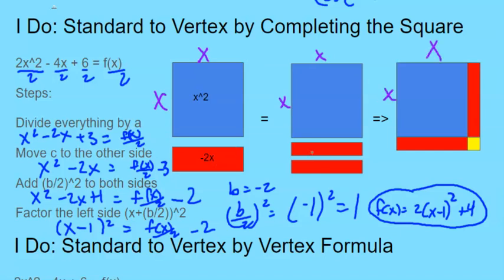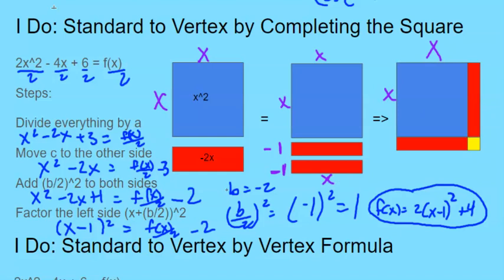Negative 2x can be broken into 2 pieces. If you break it in half, you get negative x and negative x. Well, negative 1, multiplied by x. So you have negative 1 plus negative 1 is negative 2, and then multiplied by x. So the length is now negative 1, and the width is still x.